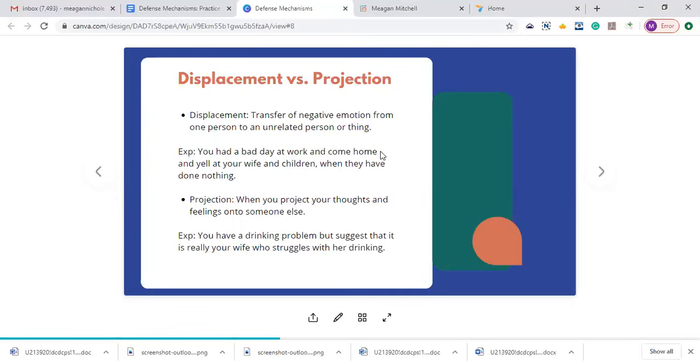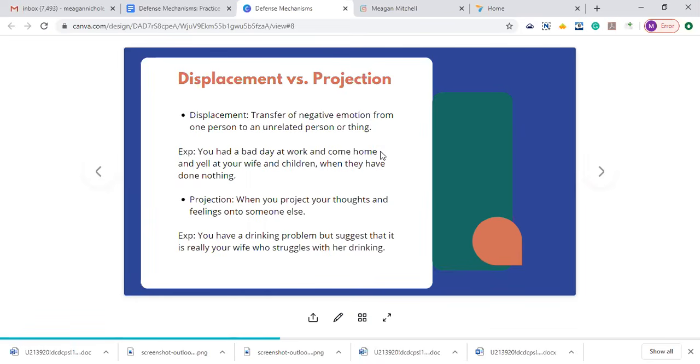Then we have projection. Projection is when you have thoughts, beliefs, or feelings and you project them onto someone else. An example of this is you have trouble with alcohol, you have a drinking problem, and then if your wife confronts you about it, you suggest that really she is the one that is struggling with her drinking. So you're projecting that struggle with alcohol onto your wife.